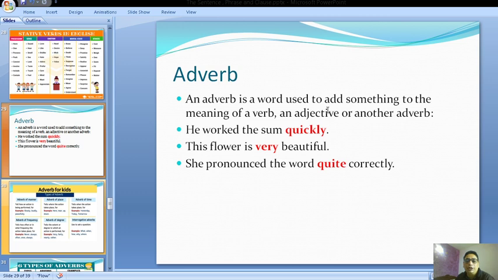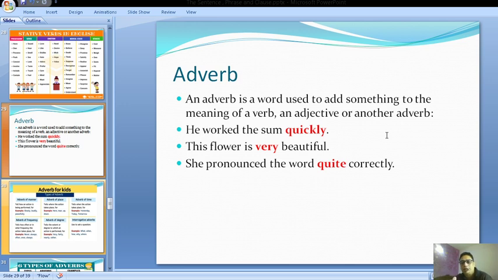Something being added to the adjective or another adverb can also be an adverb. For example, the first one, he worked the sum quickly, quickly is an adverb which adds to the verb worked. This flower is very beautiful. Very is an adverb which adds something to the adjective of the flower that is beautiful.